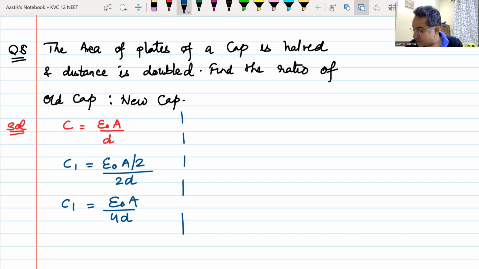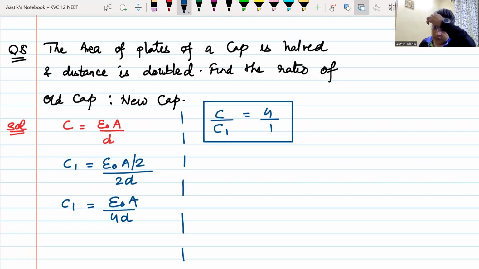Now I find the ratio C by C1 and it is equal to 4:1. Old capacitance divided by the new capacitance is 4:1. That is how you have to do it. Do we understand this?